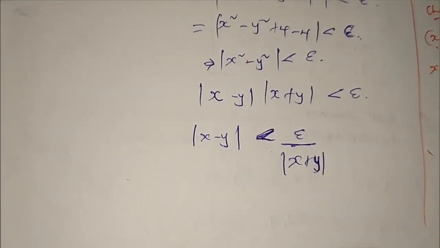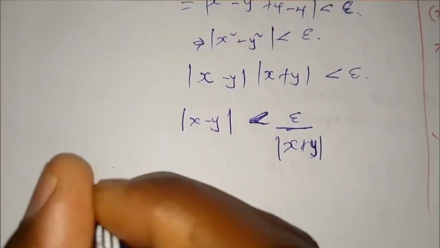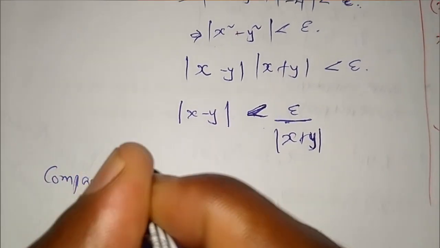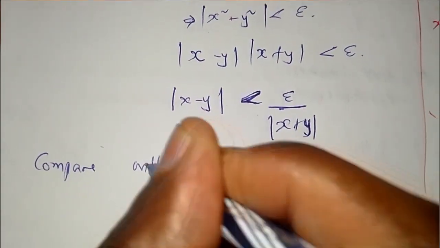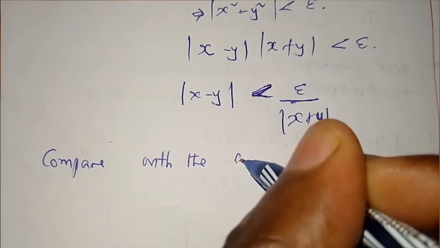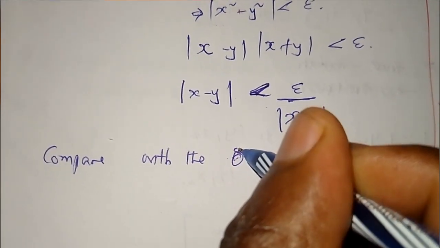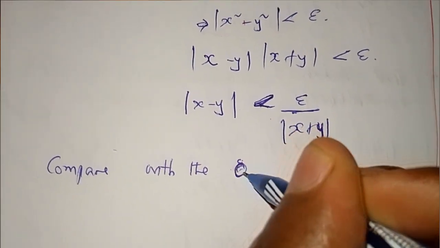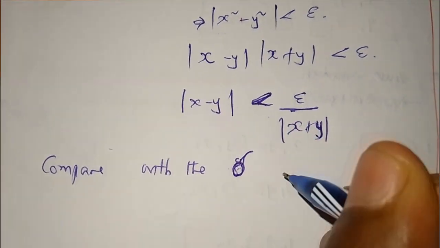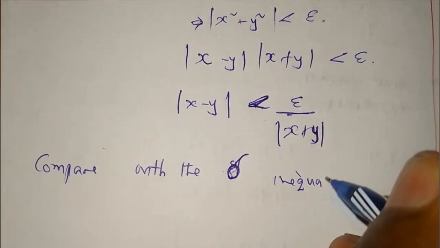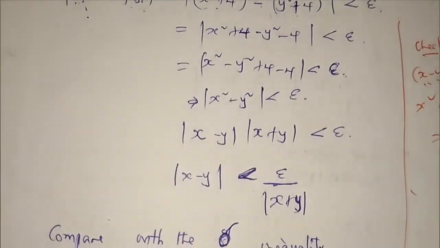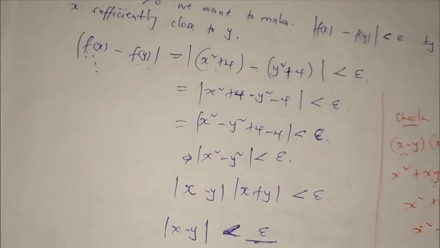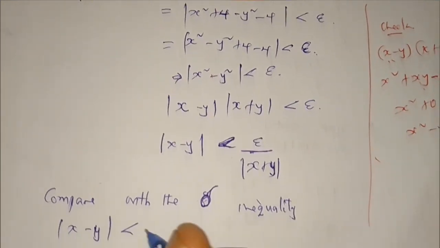For that, we compare with the delta inequality. This is the delta inequality I'm talking about: |x minus y| less than delta.